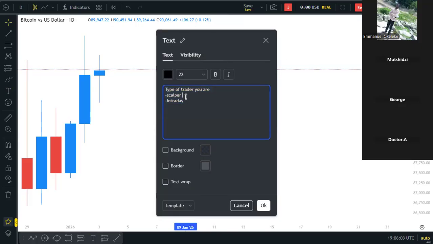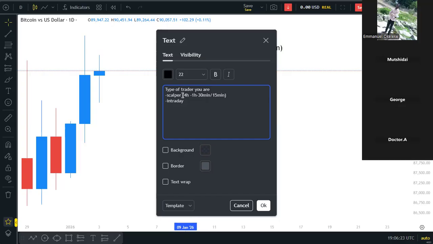Now if you're a scalper, where is your time? The next thing you move into is your time frame of operation. As a scalper, you start your analysis from 4 hour down to 1 hour, and then entry on 30 minutes slash 15 minutes.